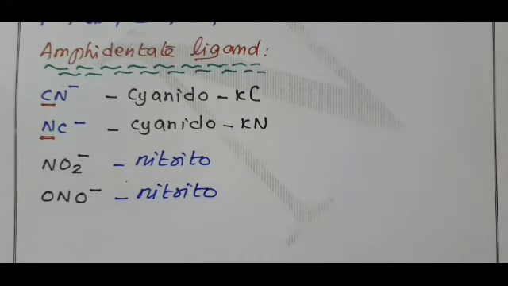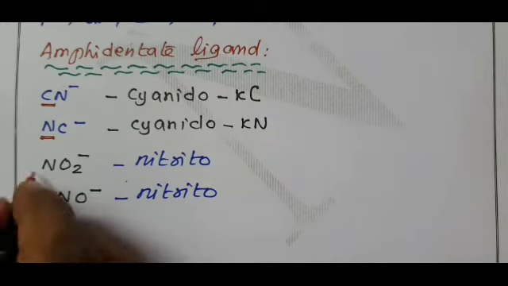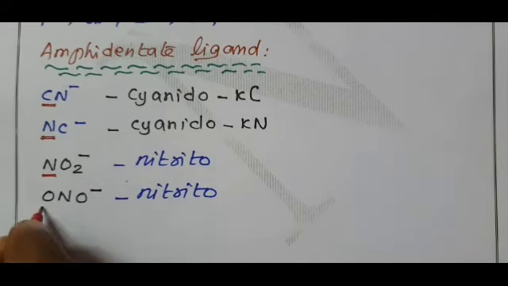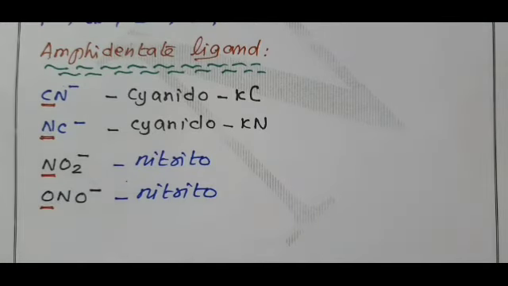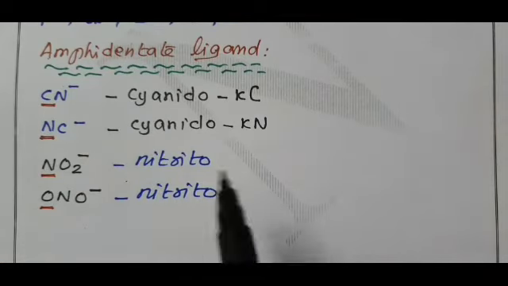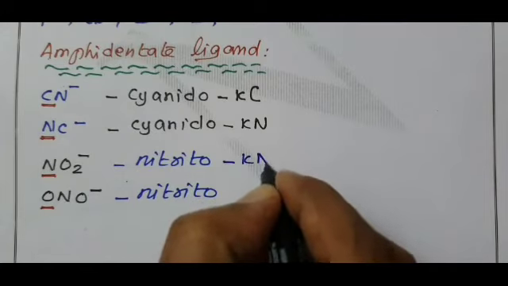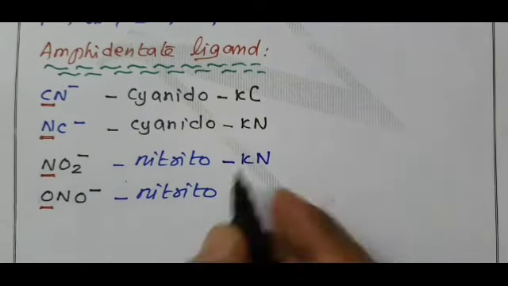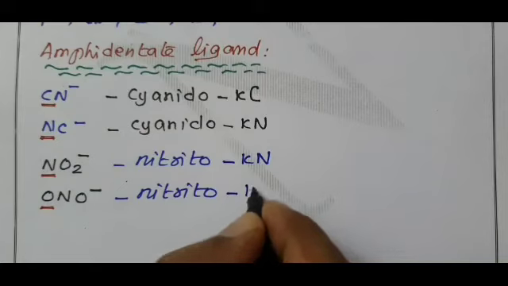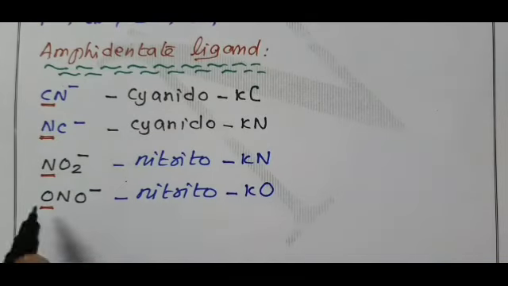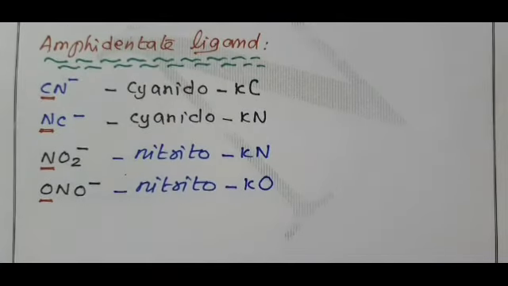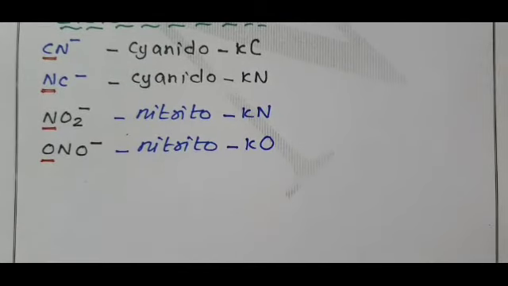In NO2 minus, the donor atom is nitrogen, and in ONO minus, the donor atom is oxygen. The first one is written as nitrito kappa N, N is the donor atom. Nitrito kappa O, oxygen is the donor atom. Like that.